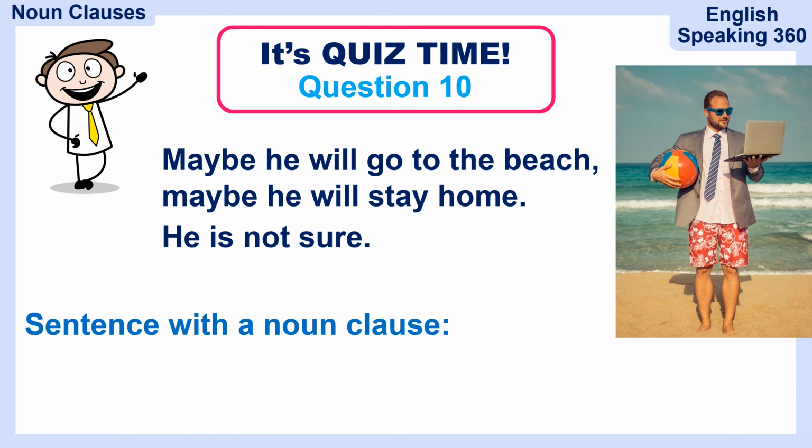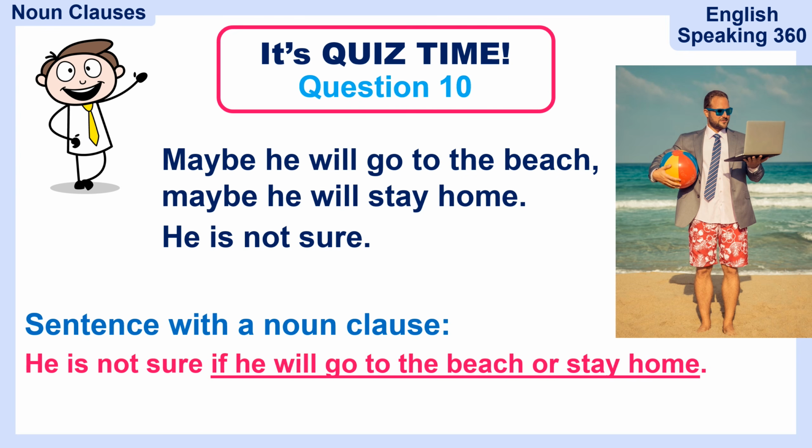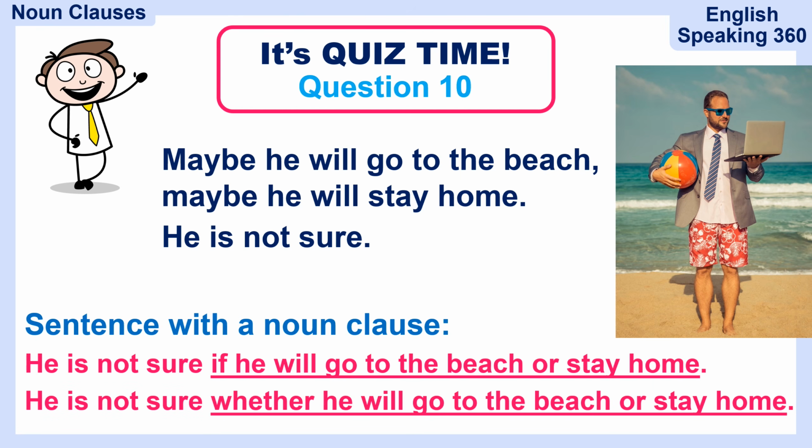Maybe he will go to the beach. Maybe he will stay home. He is not sure. What sentence would you make to put them all together? You could say, he is not sure if he will go to the beach or stay home. You could also say, he's not sure whether he will go to the beach or stay home.